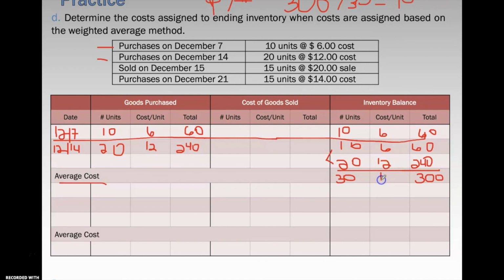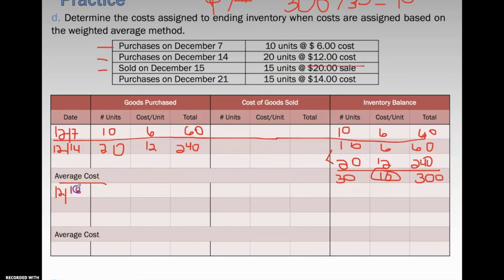So it's basically this middle box right here that we care about. It's that $10 that we just calculated. So when we sell, we're going to be using that $10, which we'll use right now. So we sold on December 15th, 15 units. Remember, we don't care about the sale price.